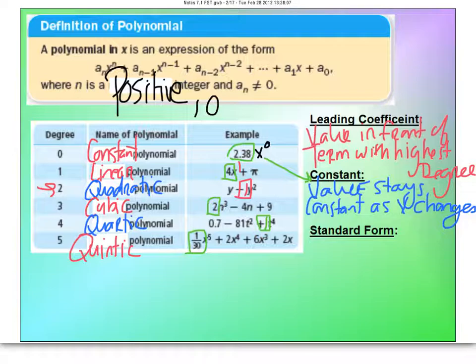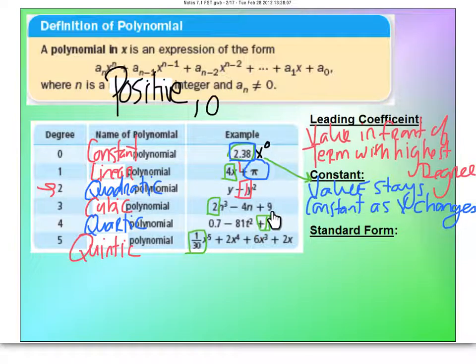So for each of these, let's identify the constant, and I'm going to circle that in blue. The constant for this first one really is the 2.38. That's the best answer for that one, versus again saying a leading coefficient. For the linear, the constant value is the positive pi. For the quadratic, there is no constant value here because there isn't just a number by itself.